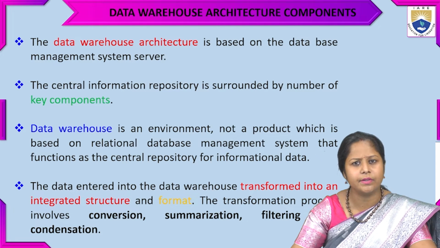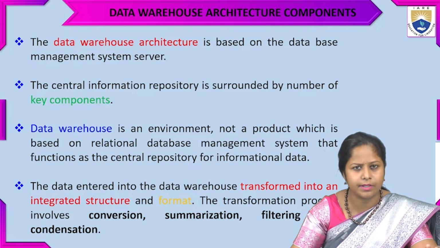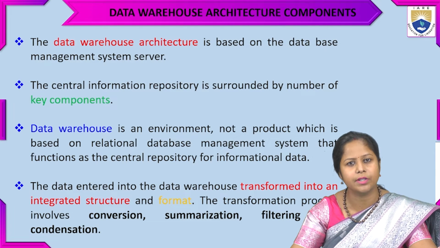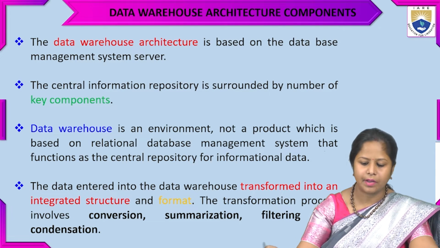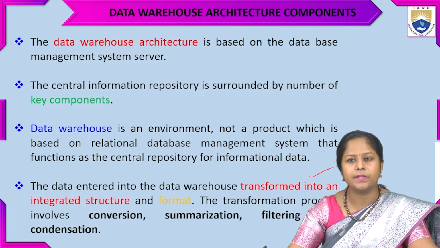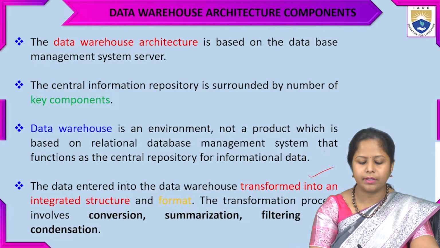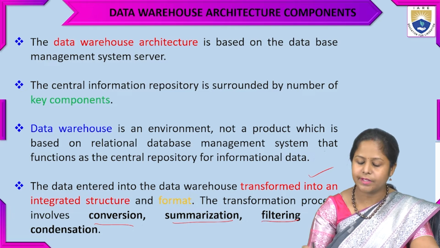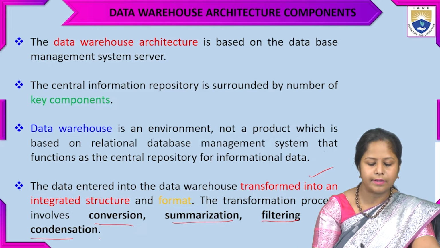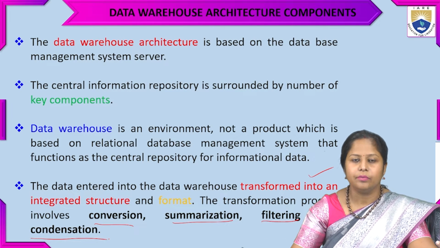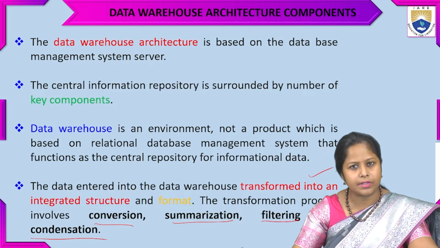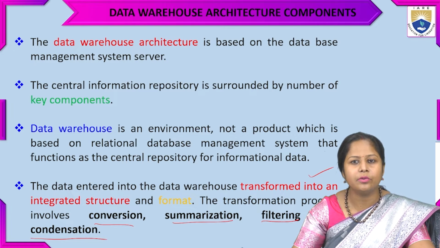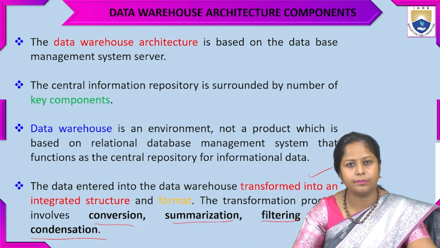All of this transformation happens while we store the data on the server. The transformation processes involve conversion, summarization, filtering and condensation. After these four processes, the data can be stored in the data warehouse, right?